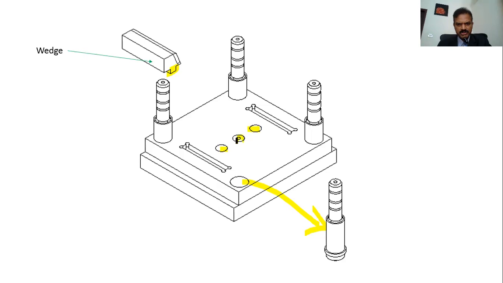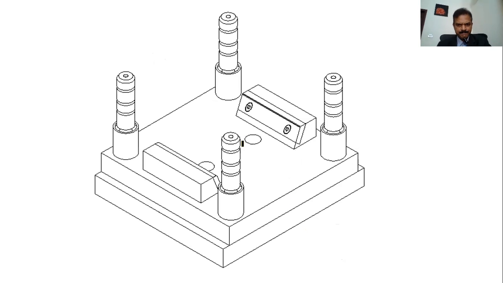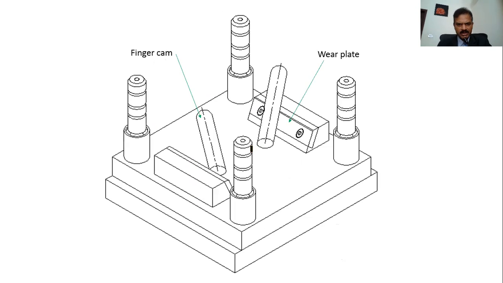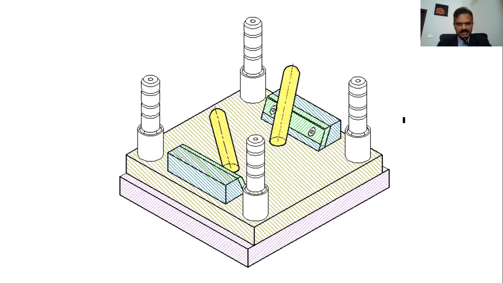This is the screw bush, and now the tenon portion has gone inside, maintaining the location, and screwed from bottom. You'll see a wear plate. You can have a little bit of fine adjustment with this wear plate if you want to, and you mount the finger cam in this hole here, and the top portion is complete. See?